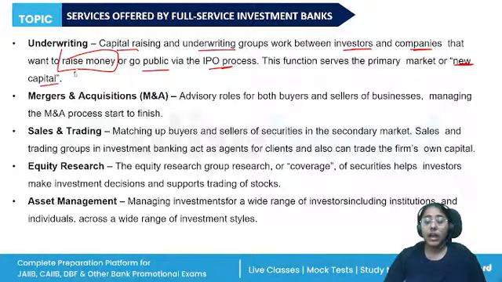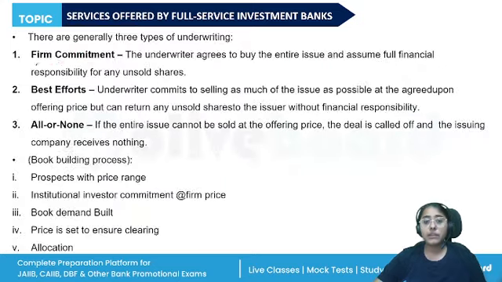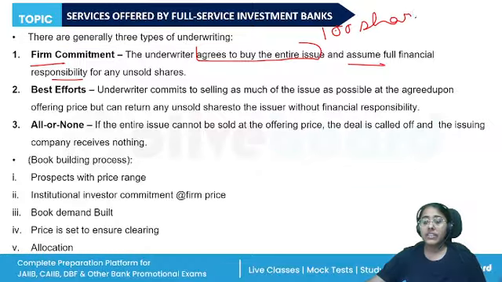Also, how the investment bankers will help the corporates by underwriting, there are three types. They can either provide firm commitment, where the underwriter agrees to buy the entire issue and assume full financial responsibility. Let's say the firm is raising 100 shares, the investment bank will purchase all of those shares and sell them further to the investors.